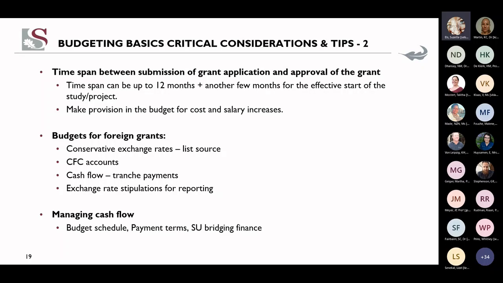With foreign funding, we have the facility of CFC accounts. The university has 3 CFC accounts: the dollar, the pound and the euro CFC. So you can choose to accept the funding in one of the CFC accounts, and it stays there in the currency that it was paid.